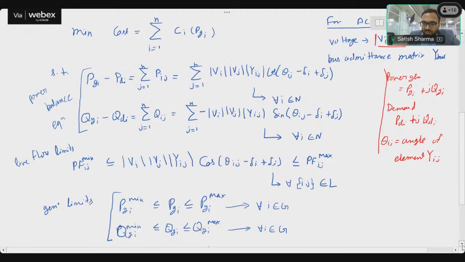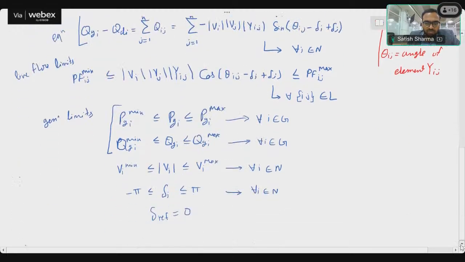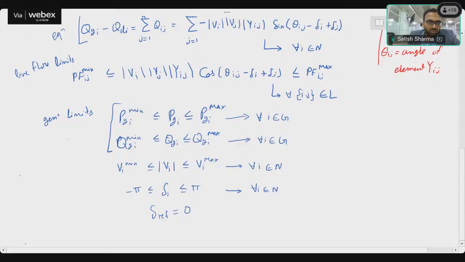And then we have voltage limits. Okay, so now if we try to write down the code for this one, can we do that?